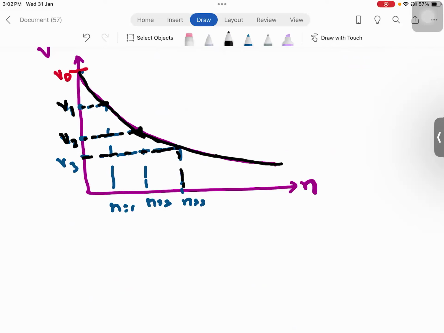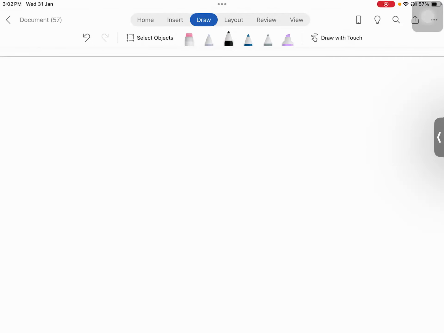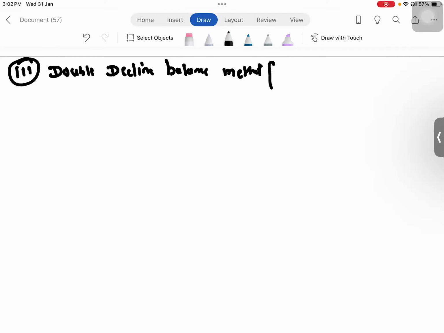So these were the two methods that I have discussed in previous classes. Now I'll be talking about the double declining balance method, the third method for depreciation calculation, which will be written as DDB, right?